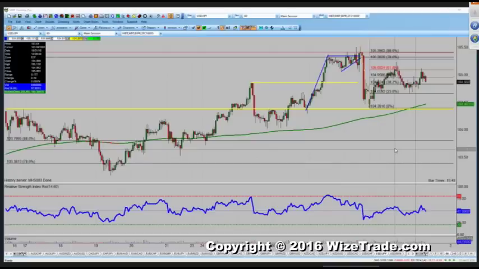Market's getting a little risk averse right at this moment. Okay, so anyway, dollar yen. The 618 held yesterday. I know we spiked above it, but let's get rid of this.